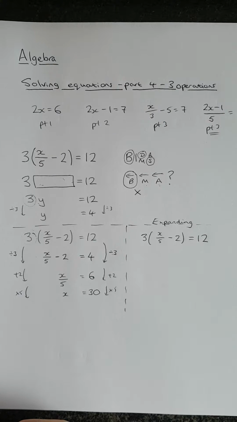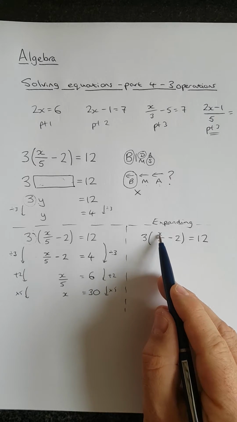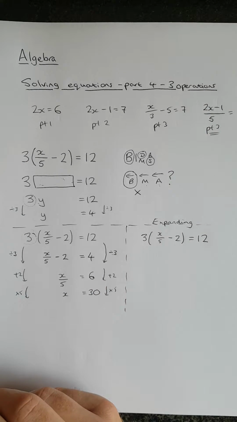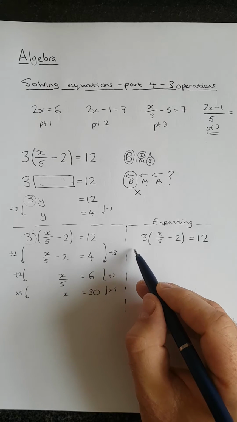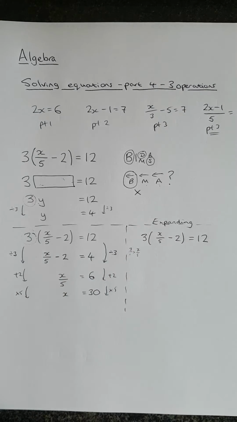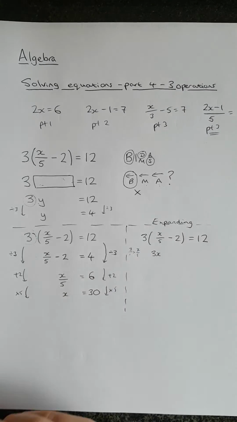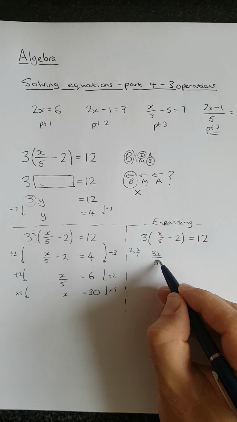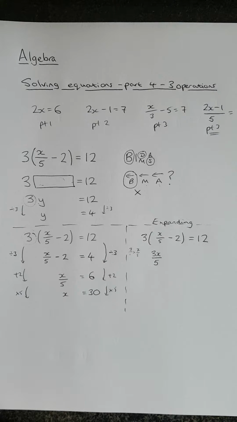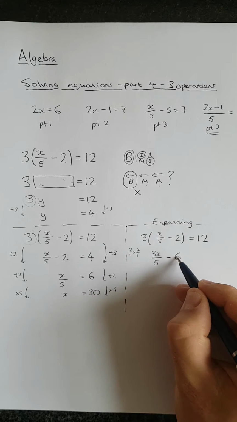And it's worth watching the video on expanding brackets to help you here. So 3 times x over 5, well, that's the same as 3 over 1 times x over 5. 3 times x will be 3x, 1 times 5 will be 5. 3 times minus 2 is minus 6.